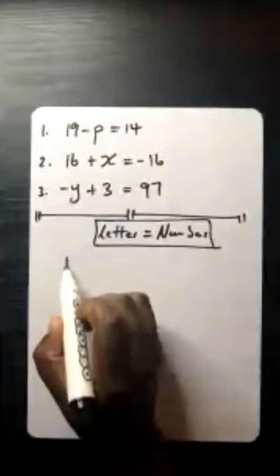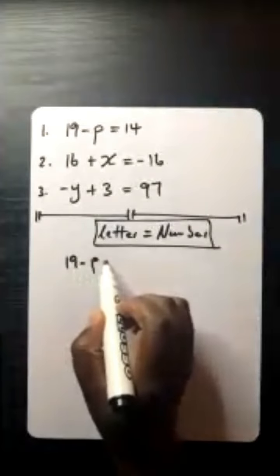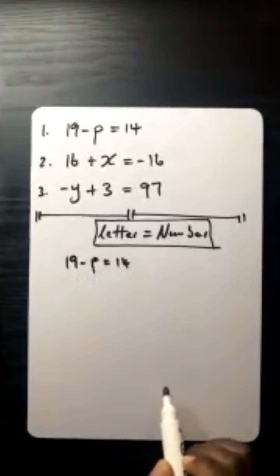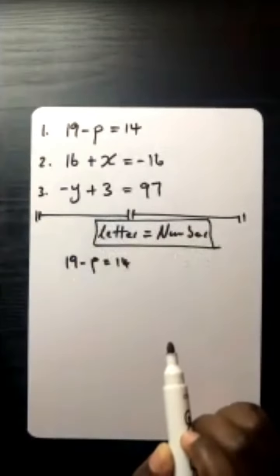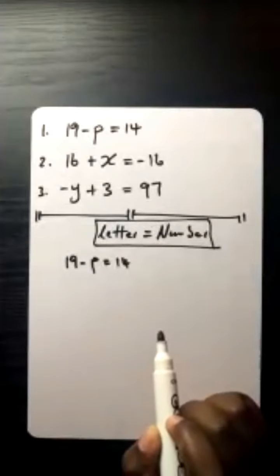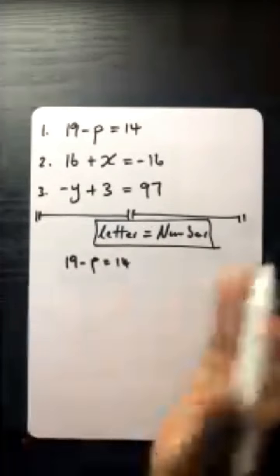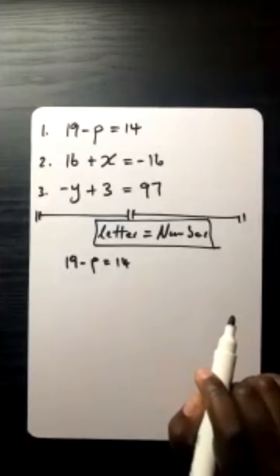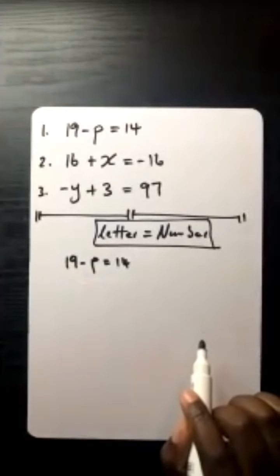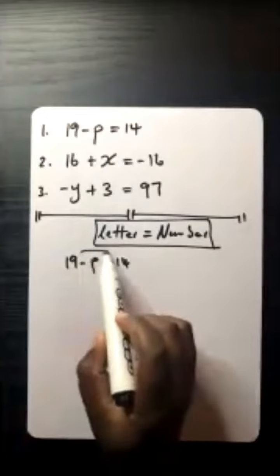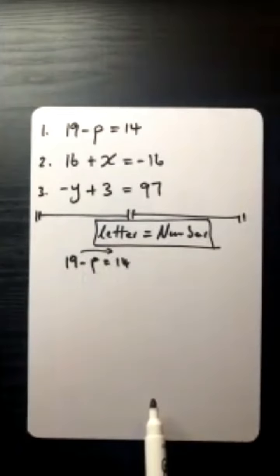So we've got 19 minus P equals 14. According to this, I need to try by all means to have all the numbers on the right side of the equal sign and the letters on the left side, which means I'm going to transpose that 19.